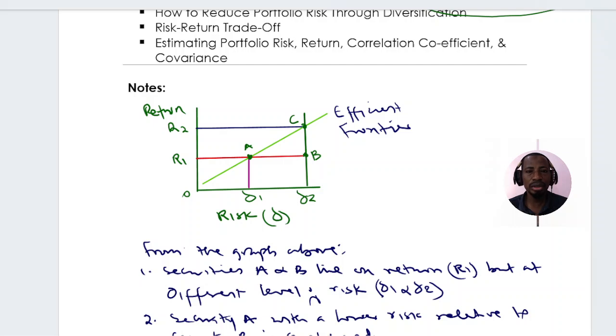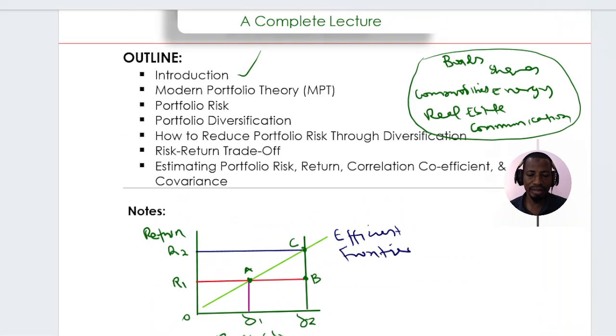And where two securities have the same level of risk or level of return, we will select the one with a lower risk. So we have used the efficient frontier graph to explain this analogy. Now let's move to the next item. So we are done with modern portfolio theory.